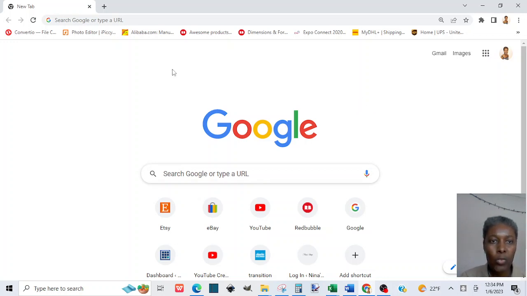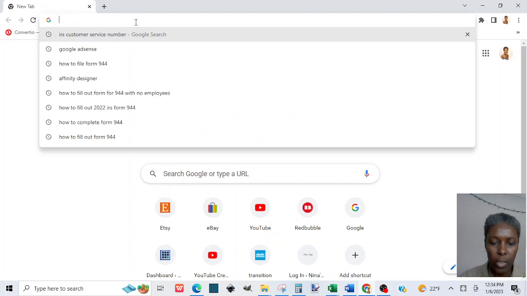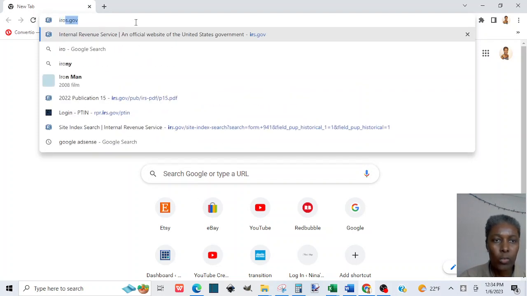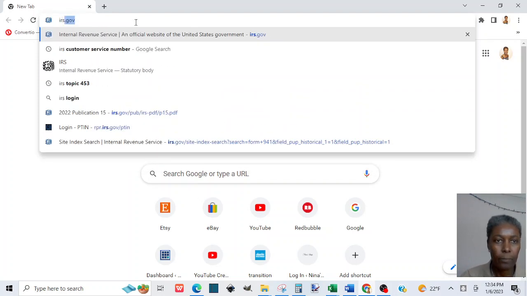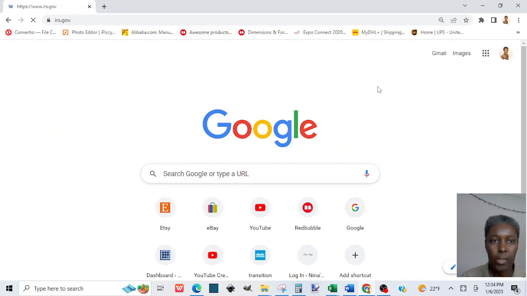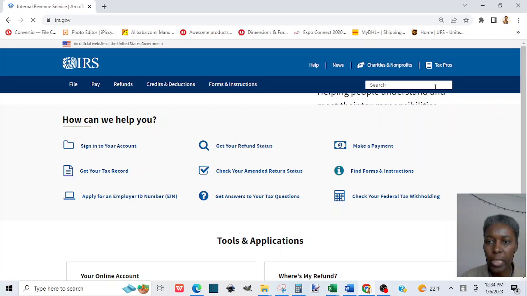Hello, how to fill out IRS Form 944 for 2022. You will go to irs.gov and on their website, you will type Form 944.